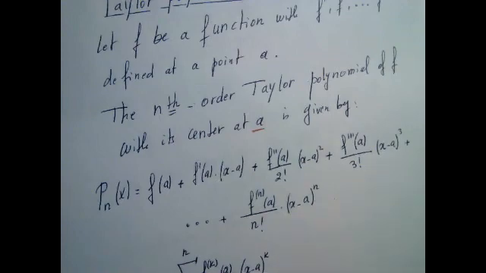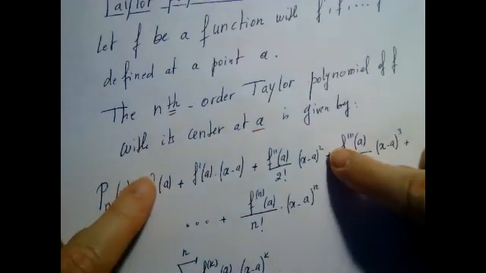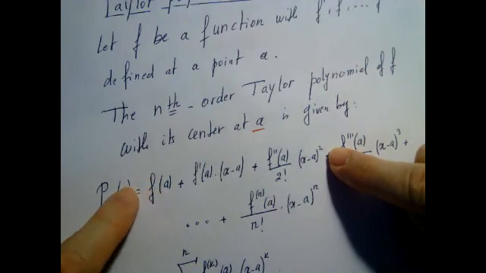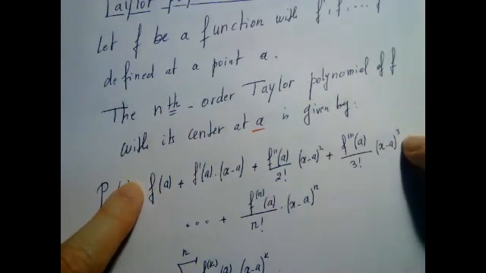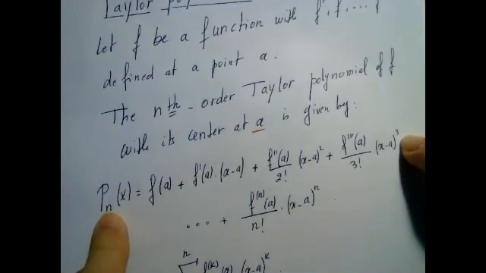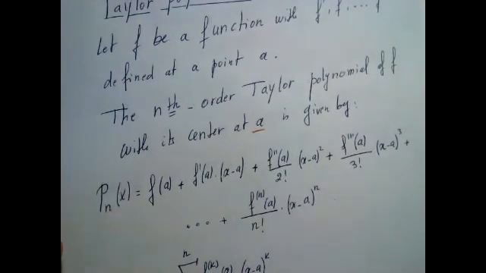So we're going to call this the Taylor polynomial of degree n. And the idea is to approximate the function, fair enough. If I take the cubic approximation, I get closer to the function, and so on and so forth.